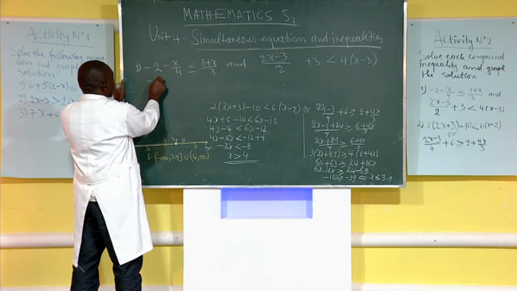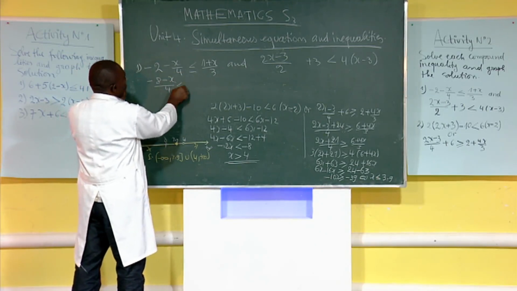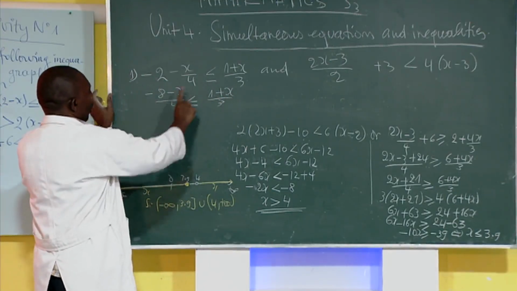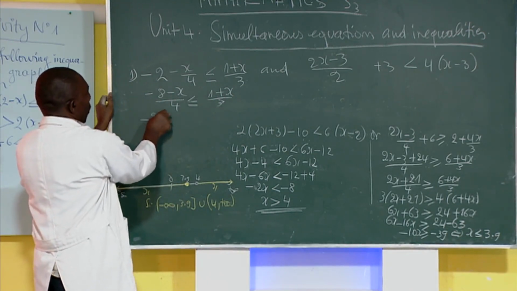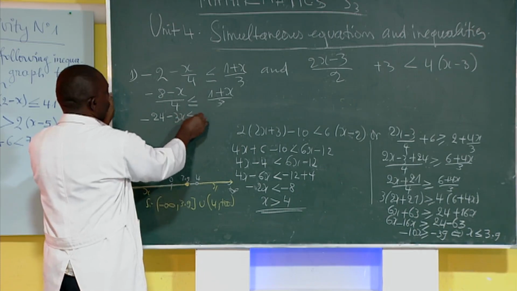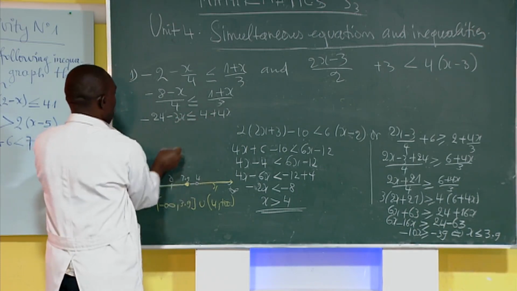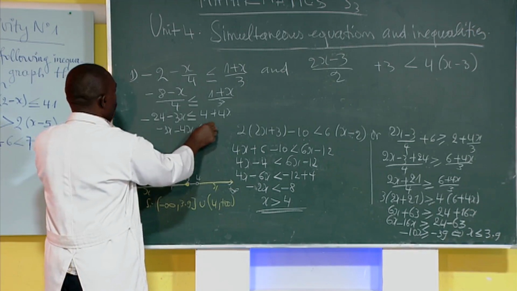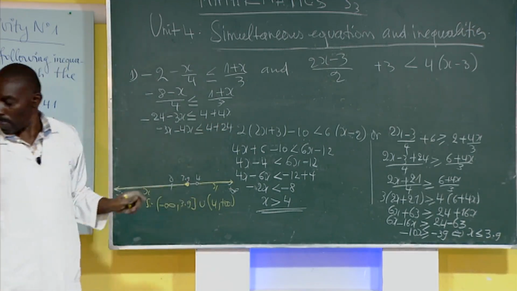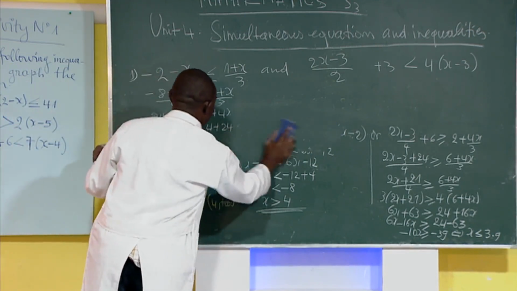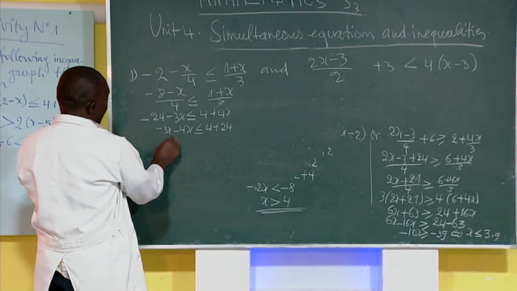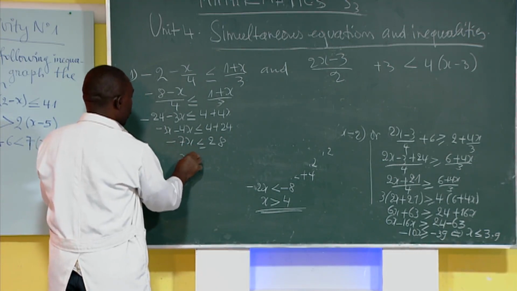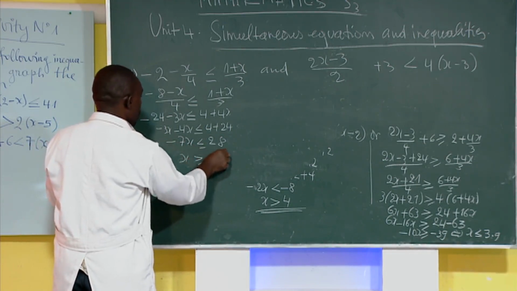This will be (minus 8 minus x) divided by 4, less than or equal to (1 plus x) divided by 3. By cross multiplication, minus 24 minus 3x less than or equal to 4 plus 4x. And minus 3x minus 4x is less than or equal to 4 plus 24. We have minus 7x less than or equal to 28. So x will be greater than or equal to minus 4.